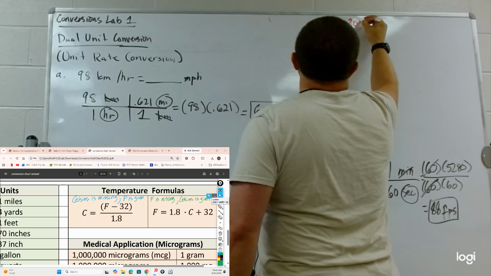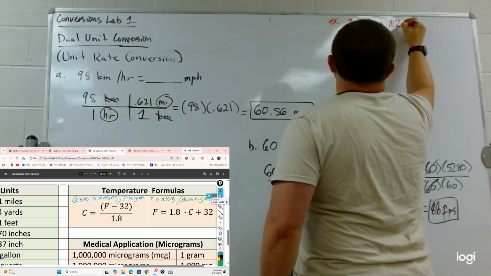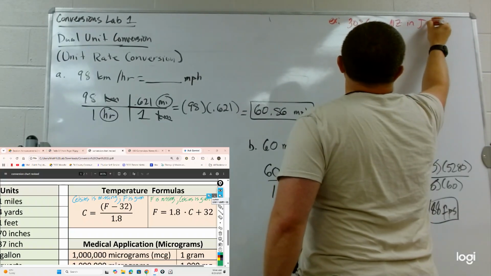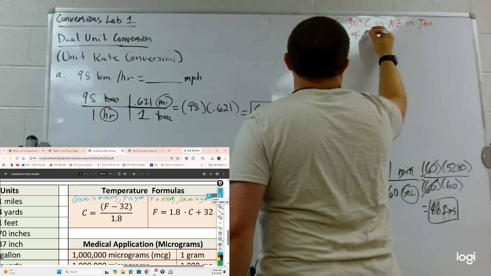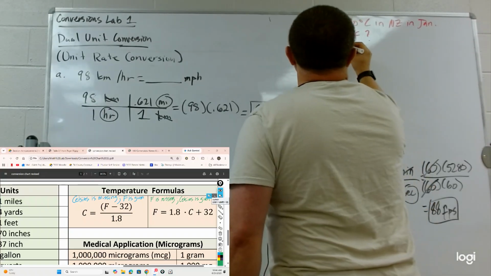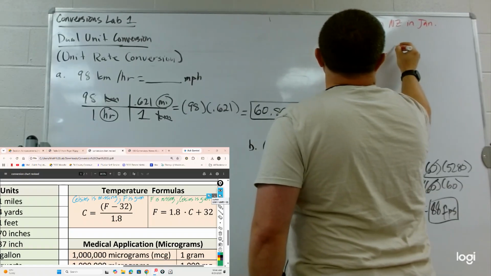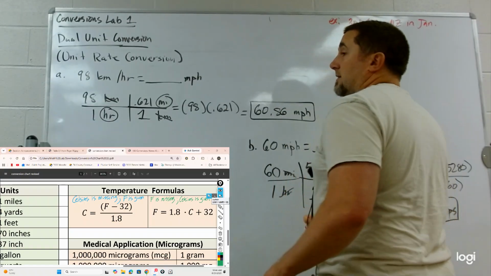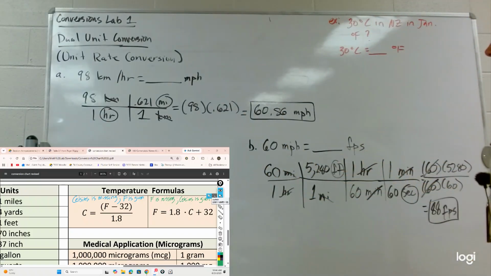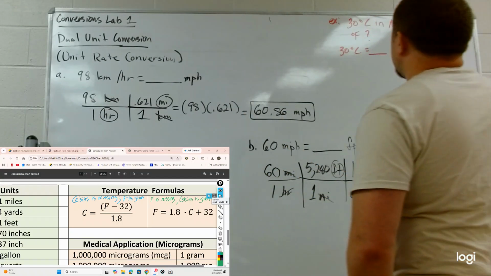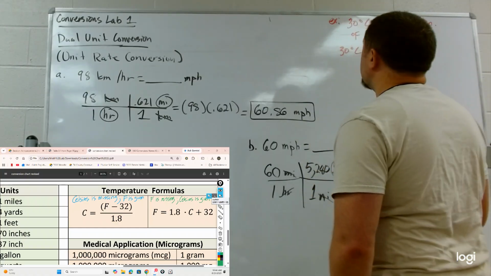So 30 degrees Celsius in, or let's say New Zealand in January. What is that in Fahrenheit? Okay, so we're looking at 30 degrees Celsius into degrees Fahrenheit. This is not one of those conversion chart deals. There might be something that you can use that might shorten this up, but let's stick with formulas because eventually when we get to the percent section, we need experience using formulas anyway.